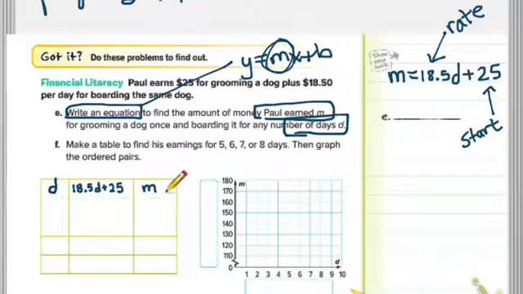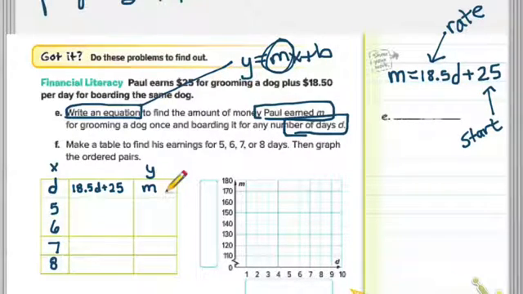Now again, previously we would have regarded this as X and this as Y. And you're asked to include in that table for the days of 5, 6, 7, and 8.